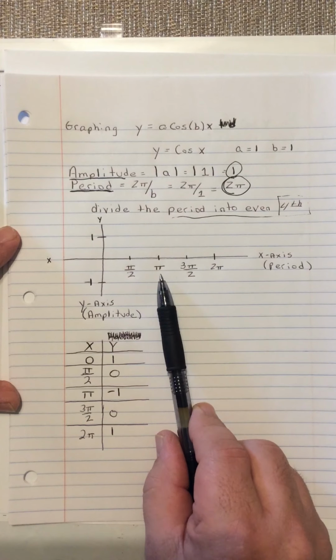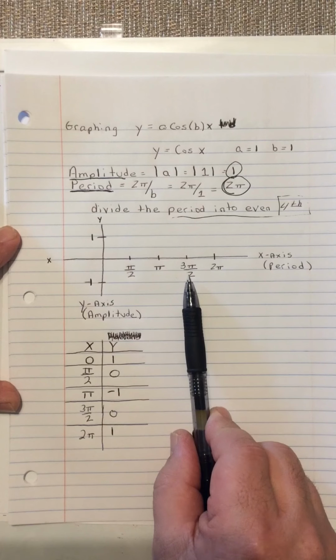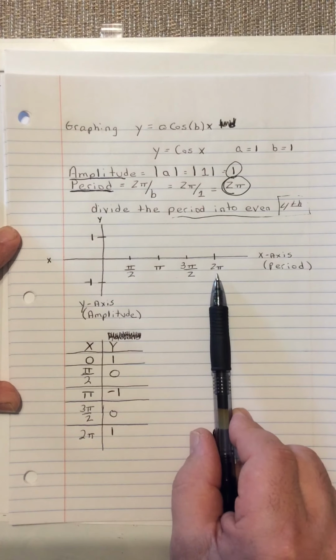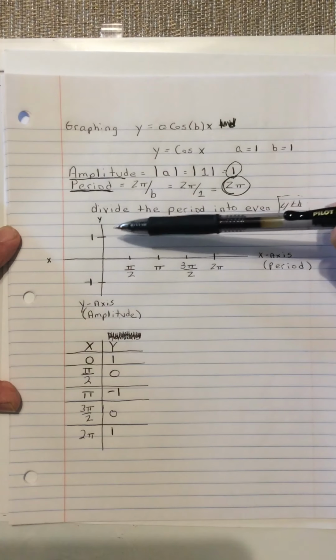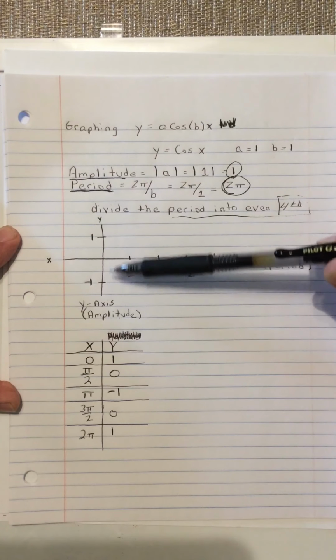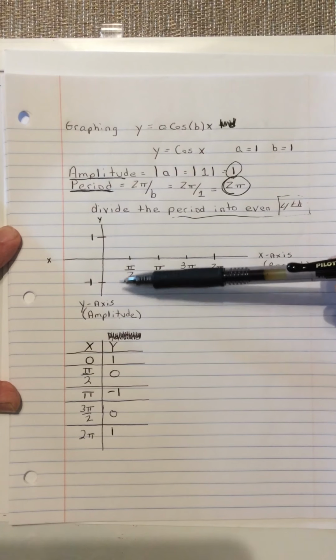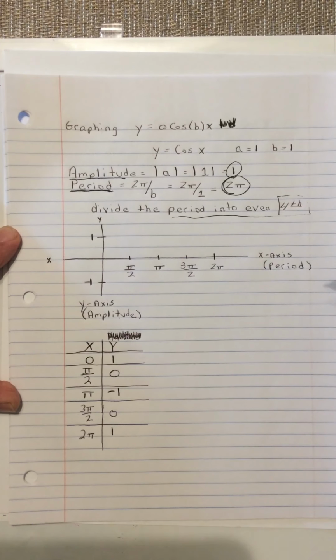From pi over 2 to pi is quadrant 2. From pi to 3 pi over 2 is quadrant 3. And from 3 pi over 2 to 2 pi is quadrant 4. So it's divided into quadrants. I also marked my amplitude as 1 and -1. Amplitude is a vertical stretch or compression. Period is a horizontal stretch or compression.